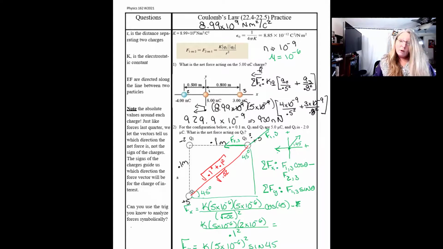And then if I want the angle of the net force, then I can use tan theta, and that's going to equal opposite over adjacent.